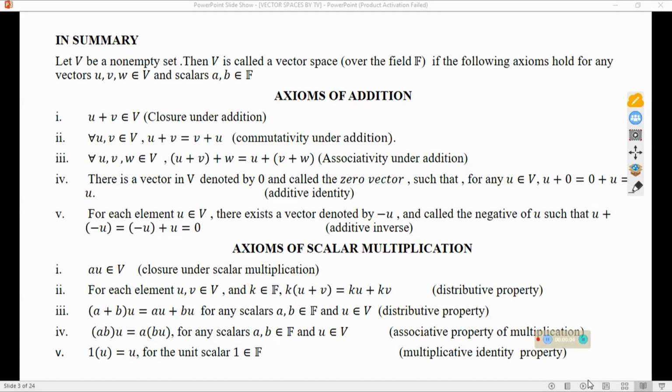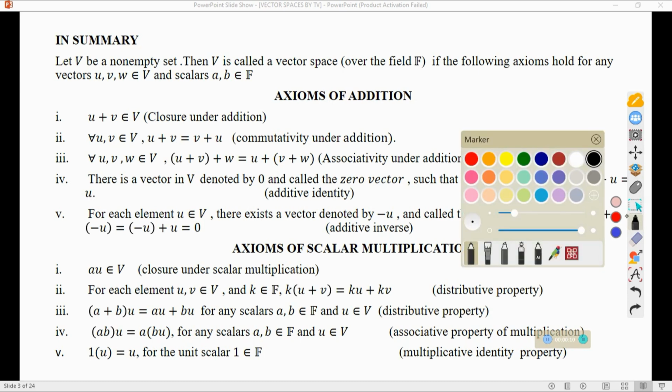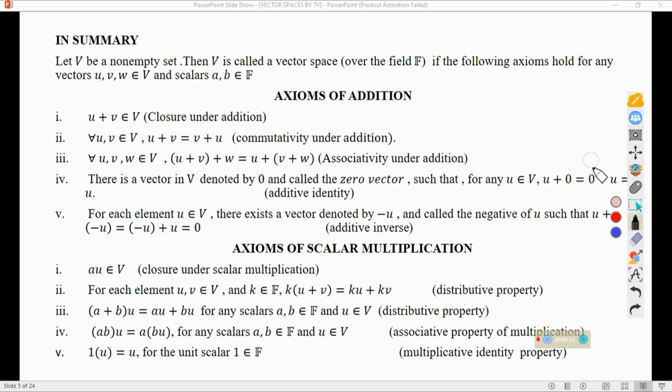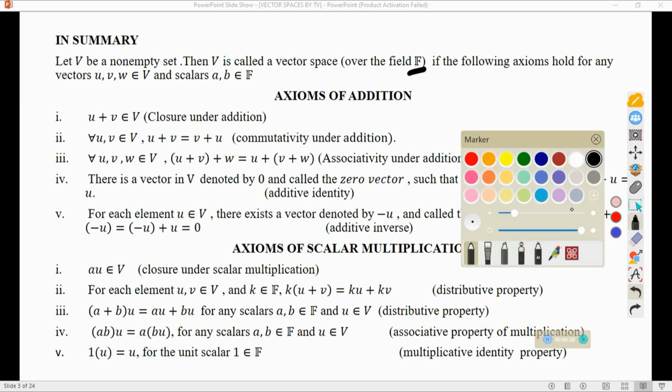Ladies and gentlemen, in our previous lecture we talked about vector spaces, and basically we looked at a vector space as a given non-empty set that is defined over a given field F and that satisfies given axioms.